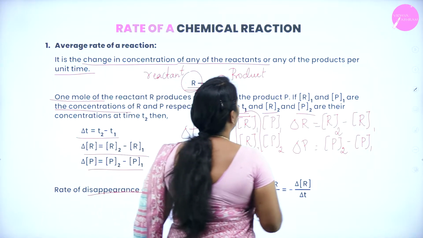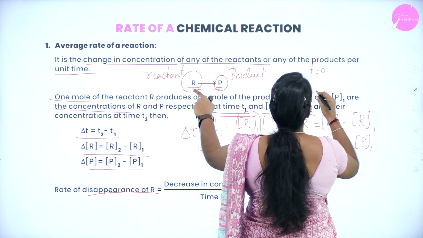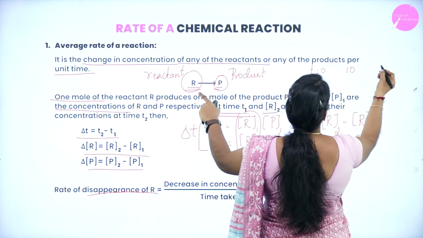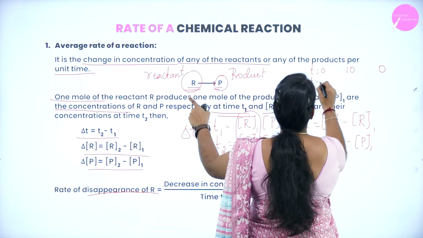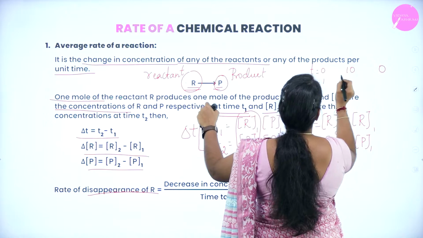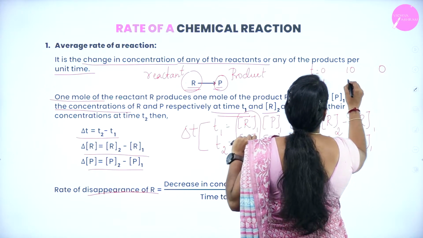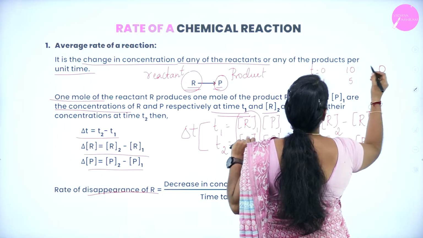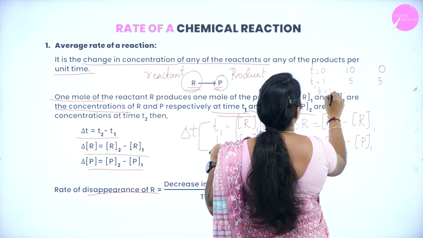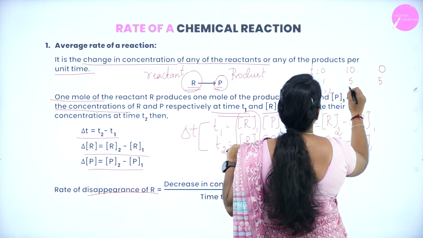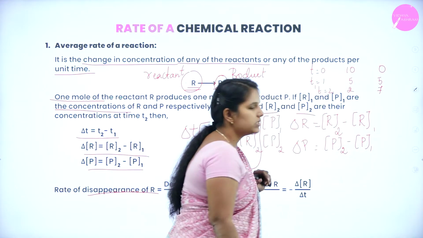Imagine at time 0, the concentration of the reactant is 10 and the product is not formed, so it is 0. Again at a time T1, the concentration of the reactant is 5 and the concentration of the product is 5. Again at a time T2, the concentration of the reactant is reduced to 2 and the product is increased to 7.